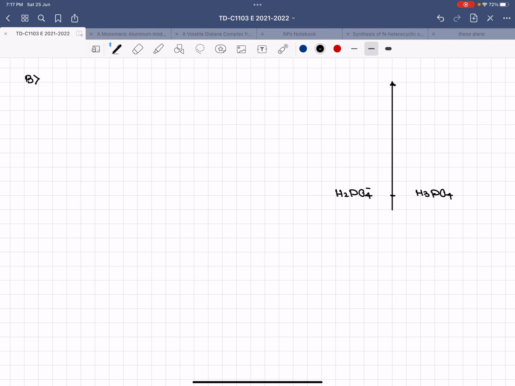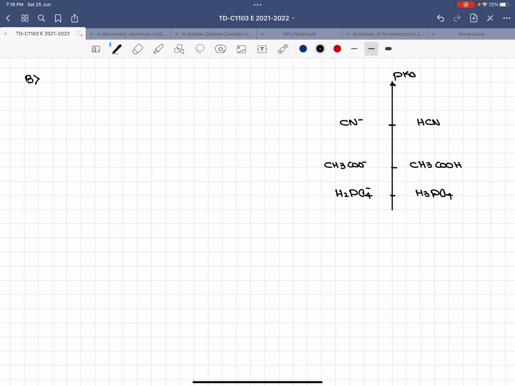According to the Ka, the pKa is given. Then CH3COOH and CH3COO minus. This is the pKa. The third species that we have is HCN.